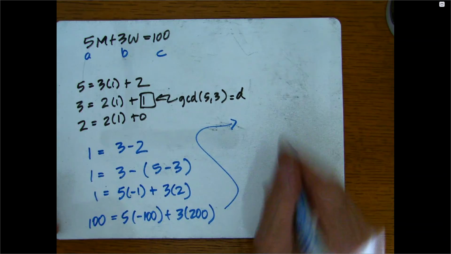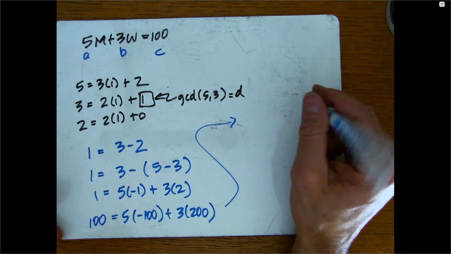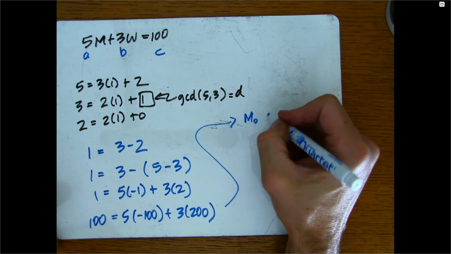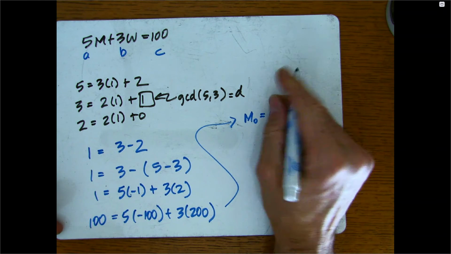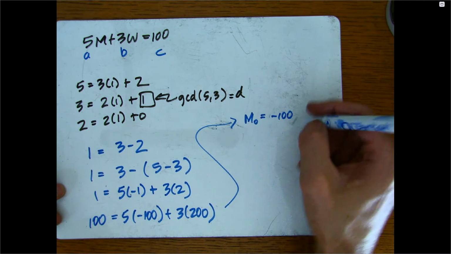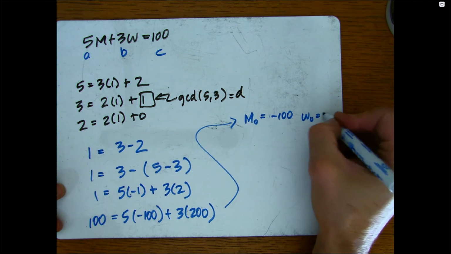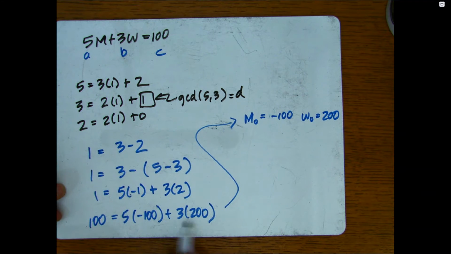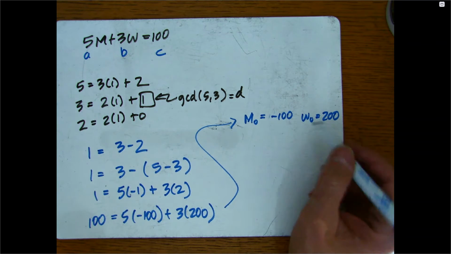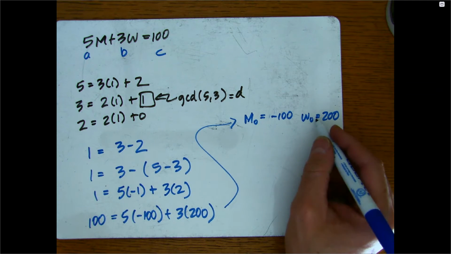That means that in this particular solution setting, m naught is negative 100, and w naught is equal to 200. And of course, just check it. This is 600. This is minus 500. So 600 minus 500 is 100. Yeah, we're good.